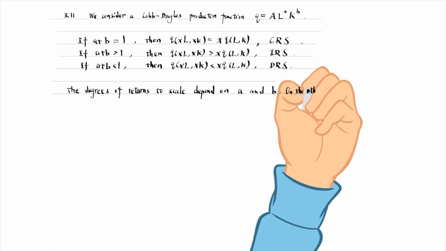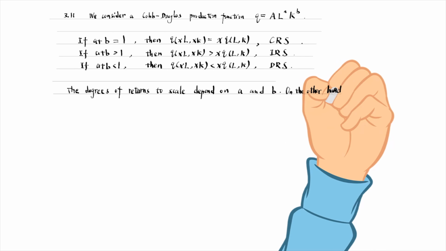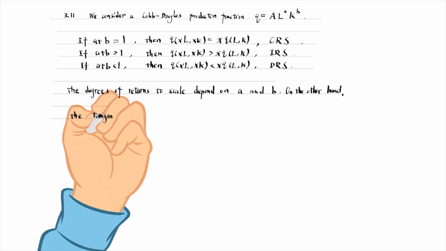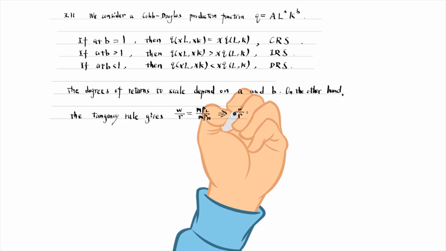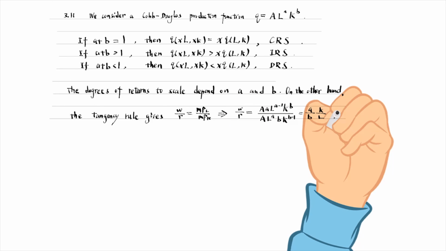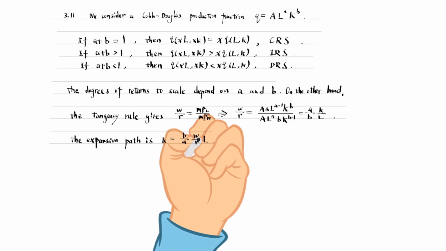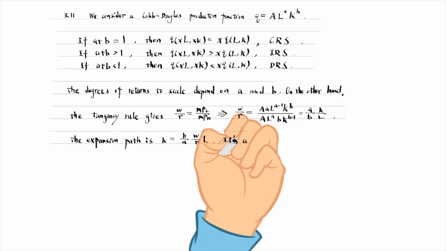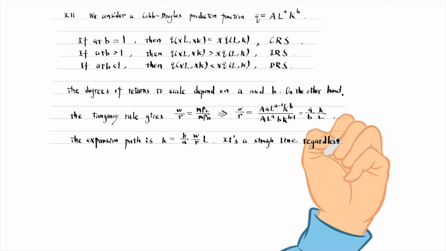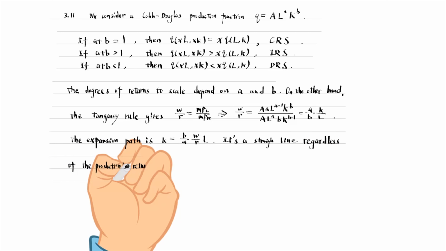On the other hand, the tangency rule for the cost-minimizing combinations of inputs leads to the expansion path equation. If the parameters A and B and the factor prices W and R are given, the expansion path is a straight line, regardless of the production's returns to scale.